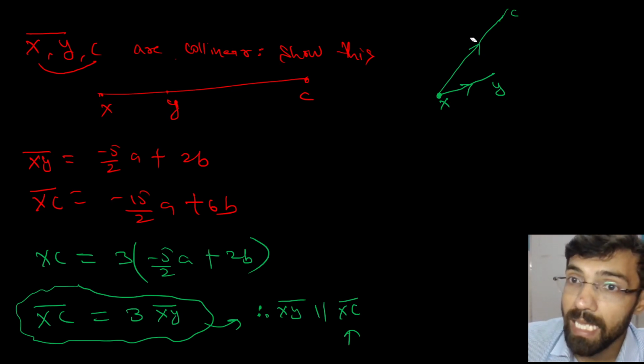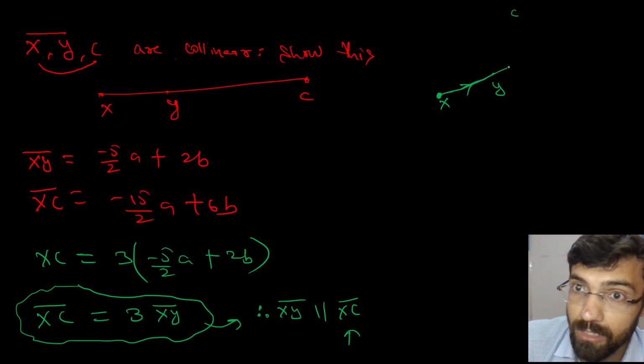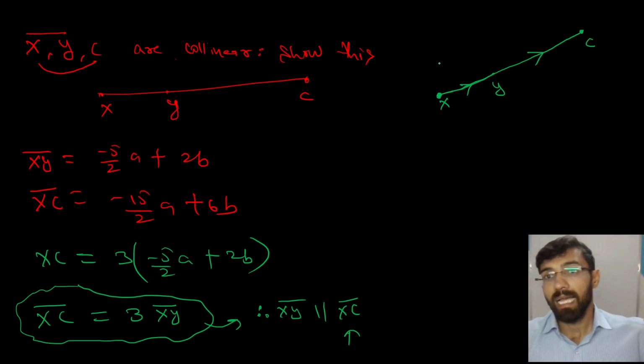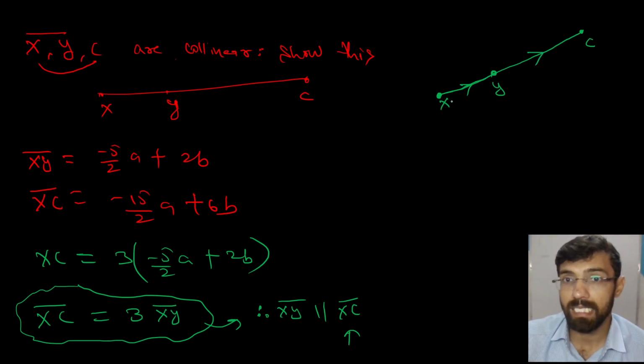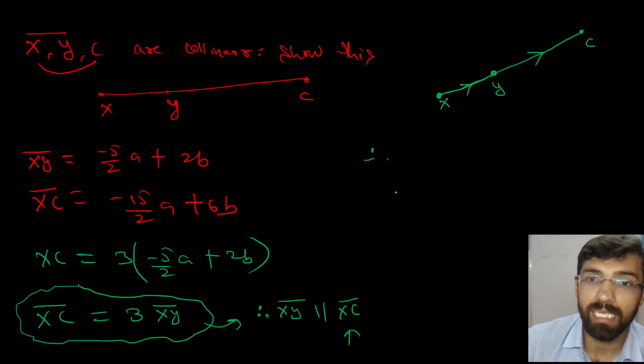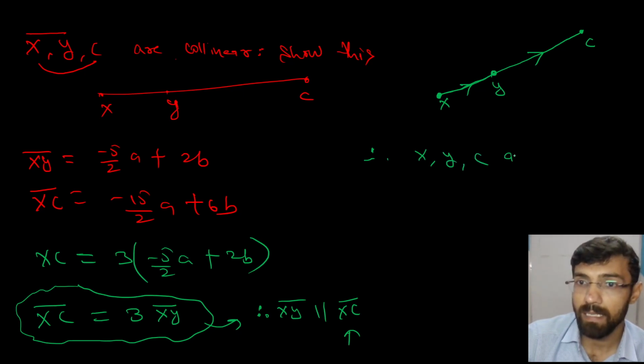So the XC vector should go along this line only, and here is my XC vector. Now it is very clear that points X, Y, and C are lying on the same line. Therefore, since XY is parallel to XC, the only possibility is that points X, Y, C are collinear.